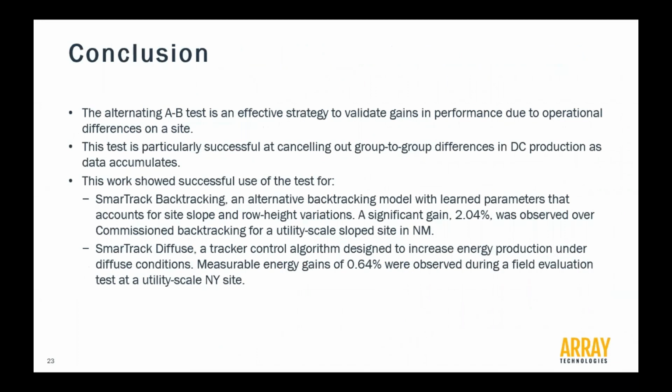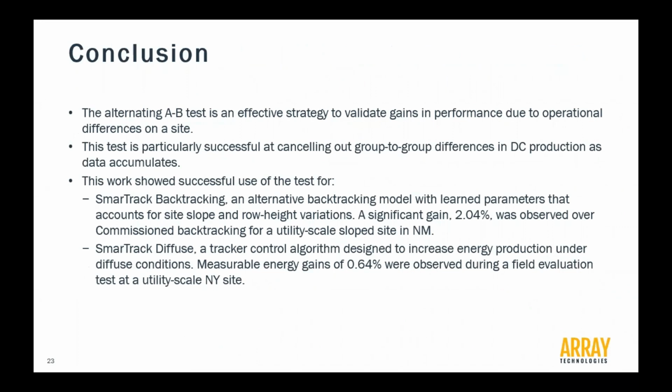The test is particularly successful at canceling out these group-to-group DC differences in production, so small differences in capacity or losses, measurement differences. The work showed successful use of the test for SmarTrack Backtracking, which is an alternative backtracking model with learned parameters that accounts for site slope and row height variations.